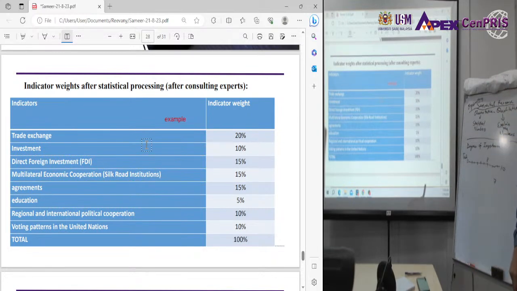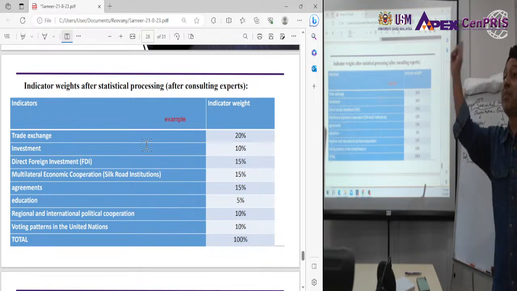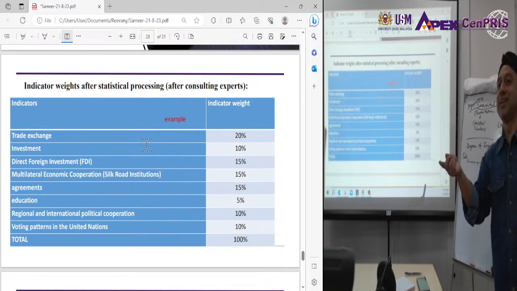If you want a comparison between trade exchange and, for example, education, which is stronger? I might put both 10. So I put both 10, but then you can take the average of everyone.